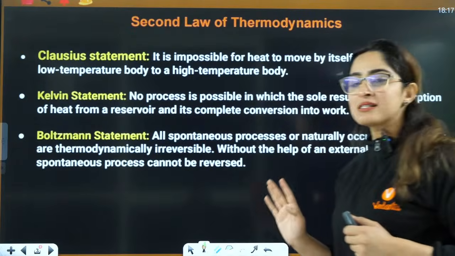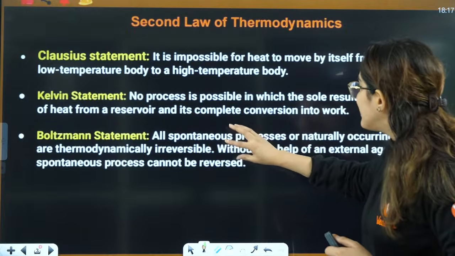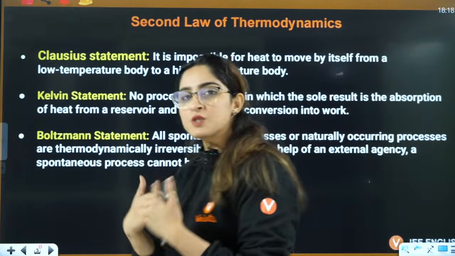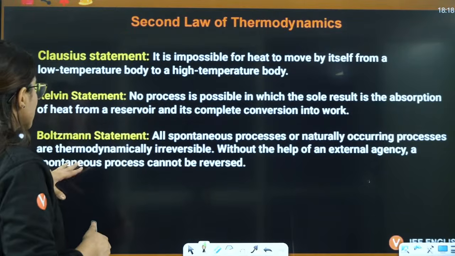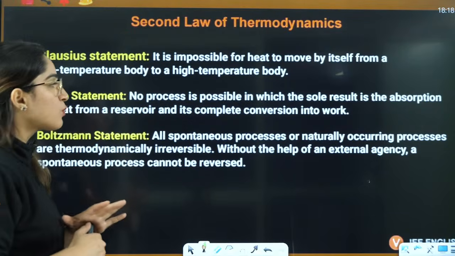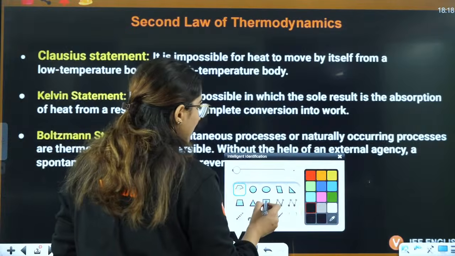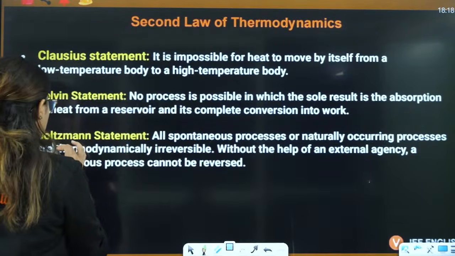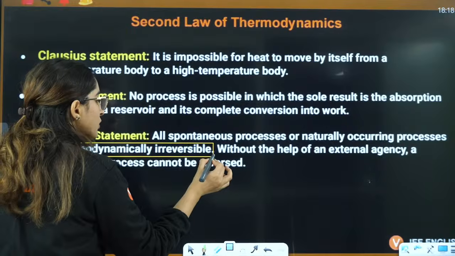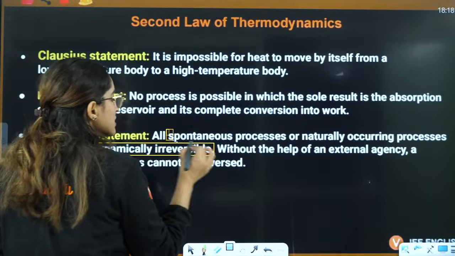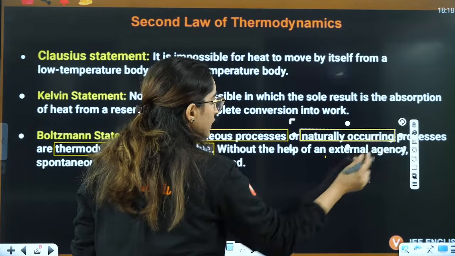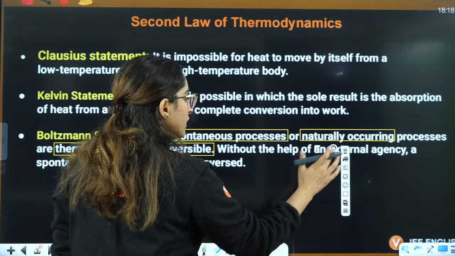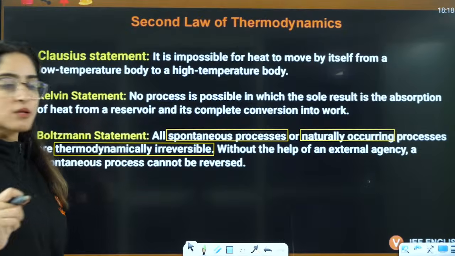Then Boltzmann's statement is: all spontaneous processes, meaning those occurring by themselves or naturally, are thermodynamically irreversible. That means all naturally occurring processes which are spontaneous are going to be irreversible processes.